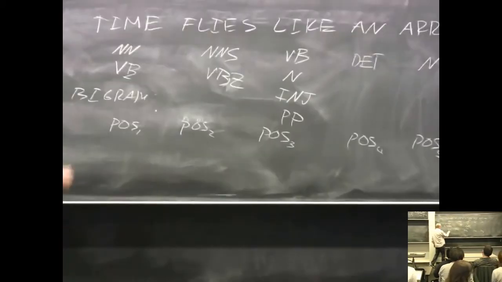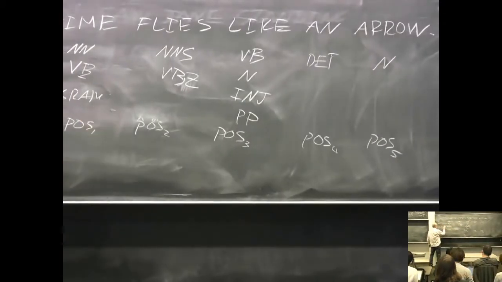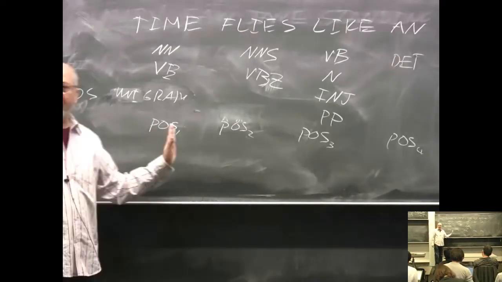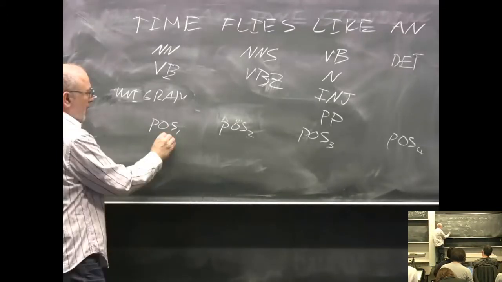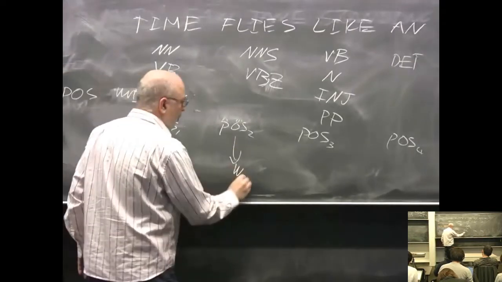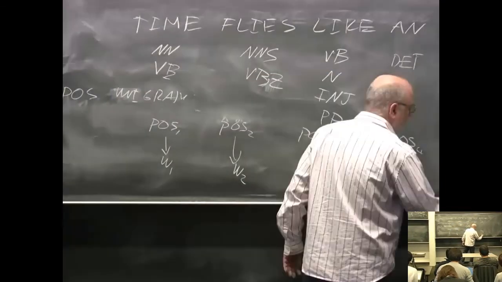So, well, let's start with a unigram. A part of speech unigram model says that every part of speech is generated independently, and it then gives rise to a word. Word 1, word 2, word 3, word 4, word 5.